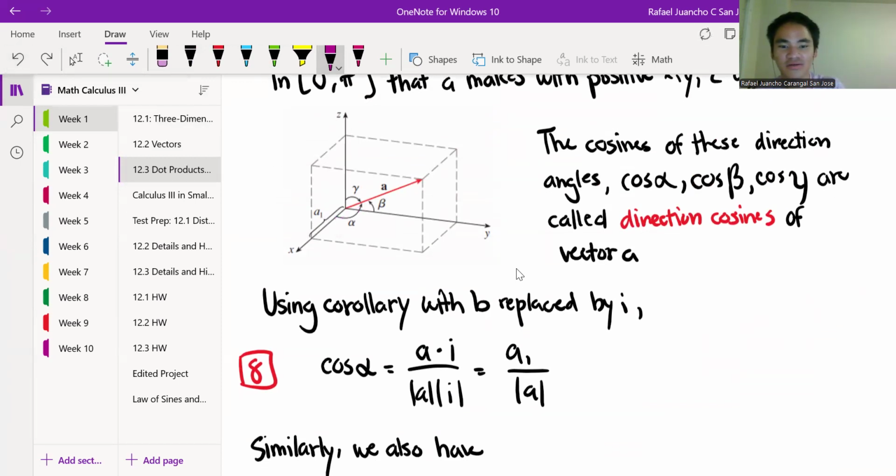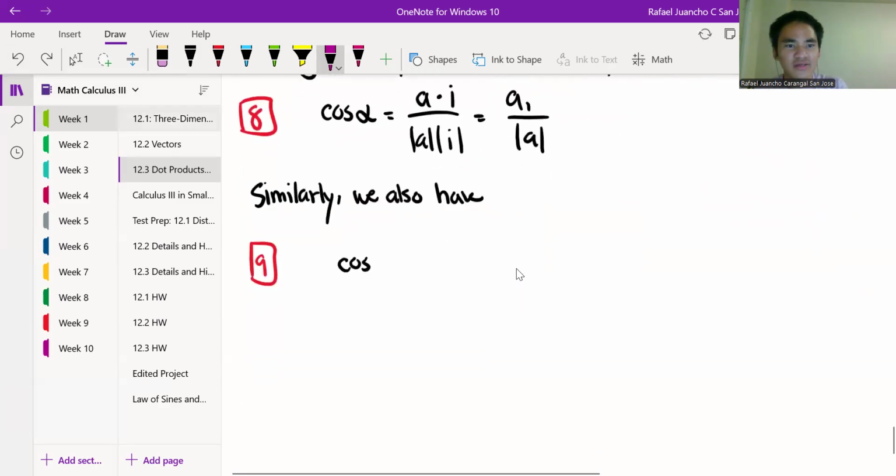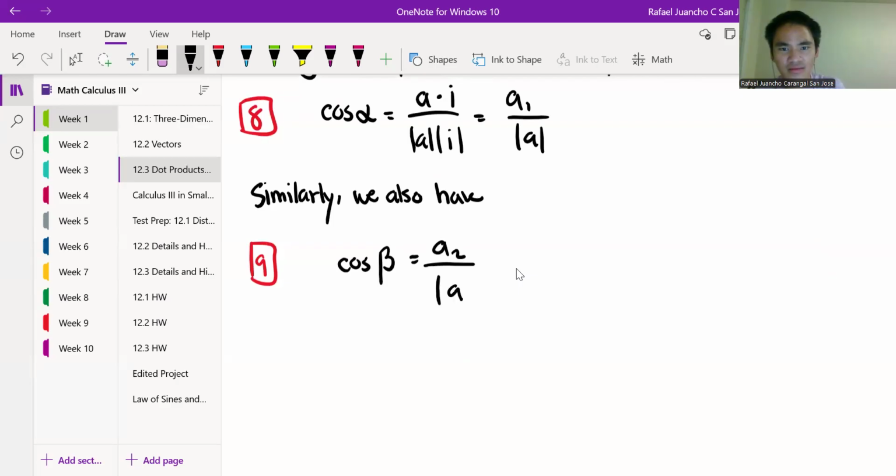So we're just using that corollary that we had earlier. Okay, very interesting. And now we're going to beta, right? And here we're looking at the y component, so A2. Oh, basically same idea. And our epsilon is A3.